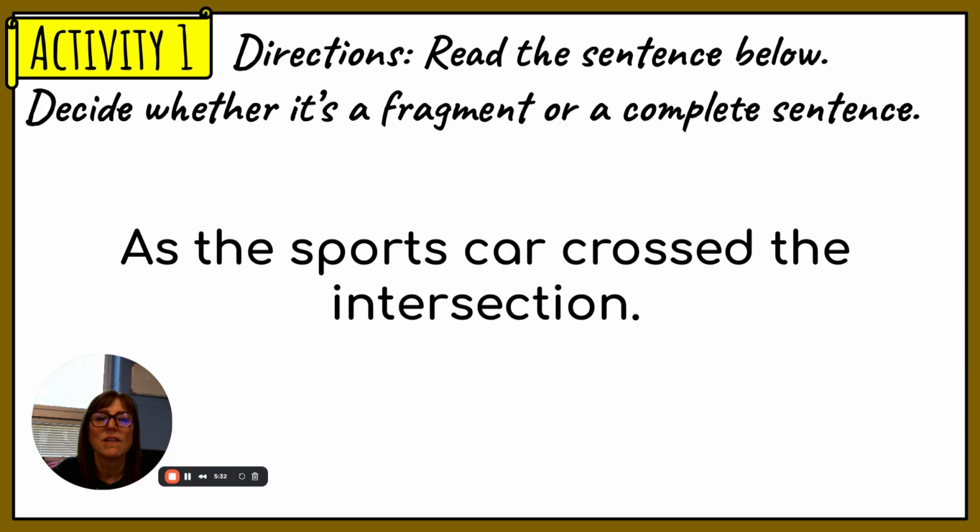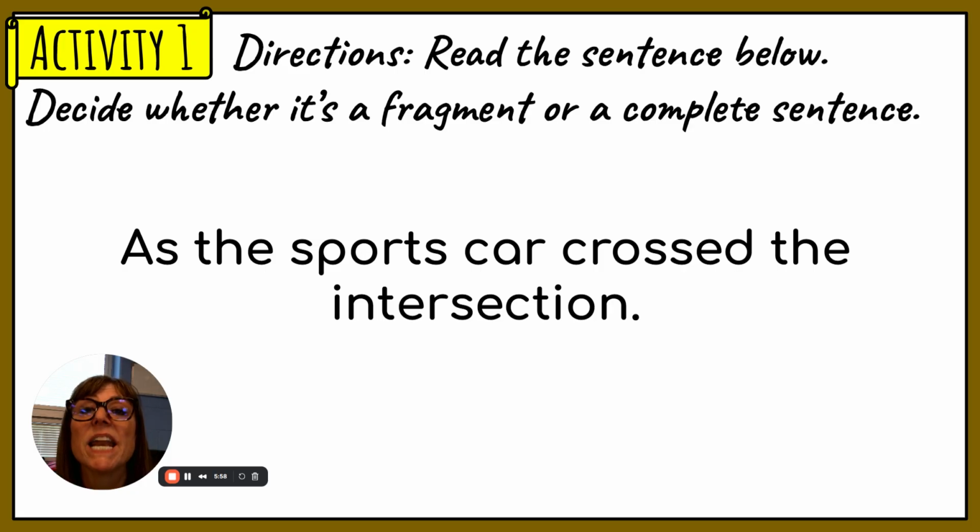The next one, and we're deciding whether it's a fragment or a complete sentence. Again, as the sports car crossed the intersection. We're going to do this one together because this one is a little complicated. Okay, if I were to cross off this word as, and I just had the sports car cross the intersection, I would have a subject, the sports car, and I would know what it did. It crossed. But when I put this, it's called a subordinating conjunction.